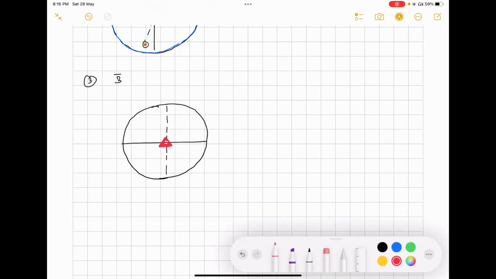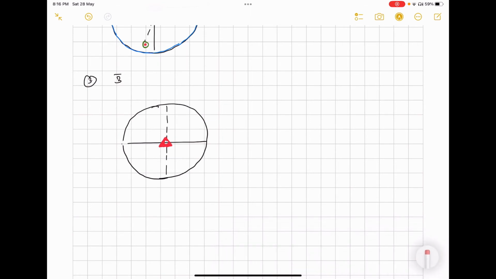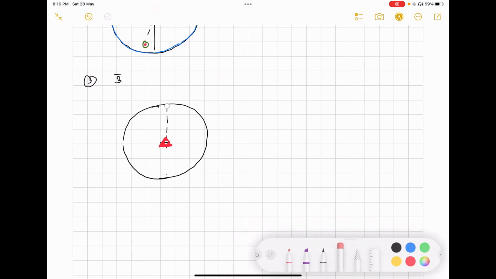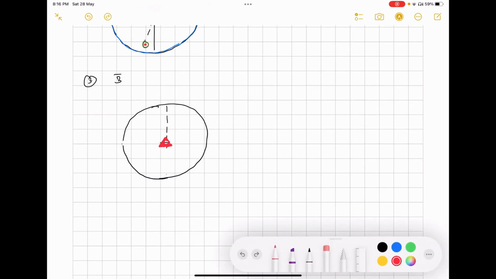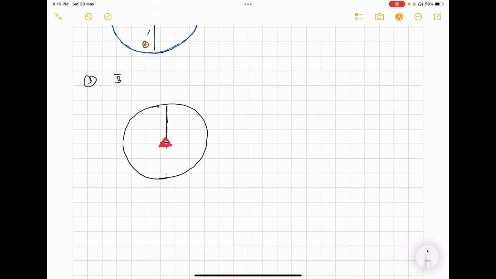Okay, so now let us draw the different angles at the variation of 60 degrees, so sorry, 120 degrees. So for this, these are the angles at 120 degrees.